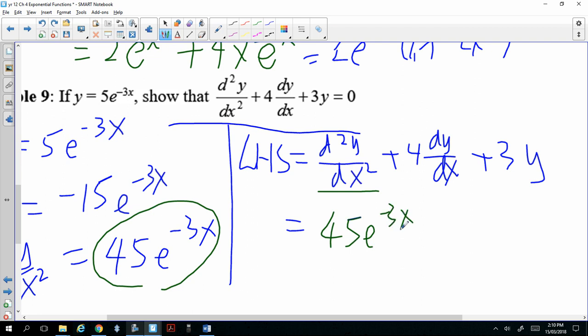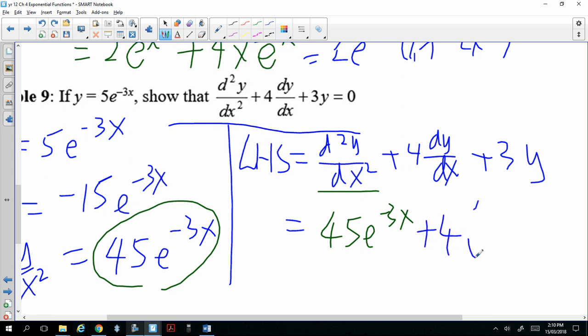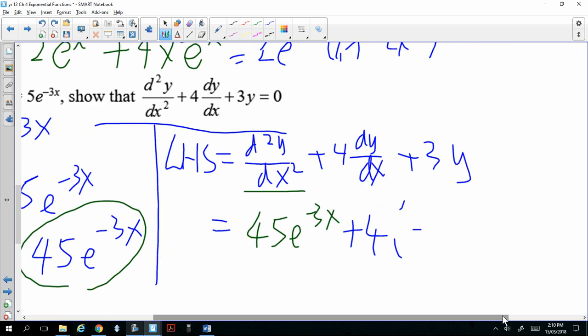And then we go plus 4 multiplied by the first derivative, and then finally plus 3 times the y.